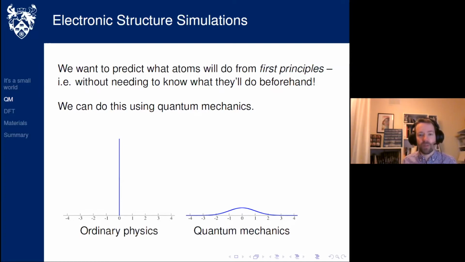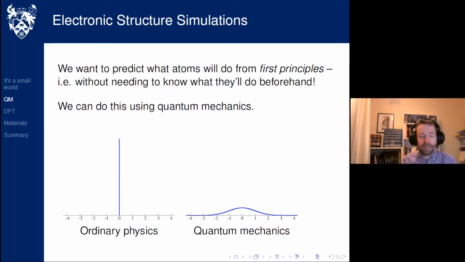Now that's not true in quantum mechanics. In quantum mechanics, if I say a particle is at a particular location, often what I mean is that's the average position. So on the right, I've shown you the kind of probability distribution you might get in quantum mechanics, where we see that the average position is at 0. In fact, the most likely position is at 0.